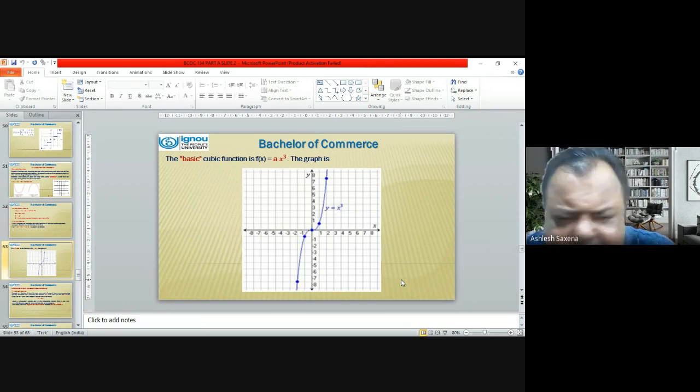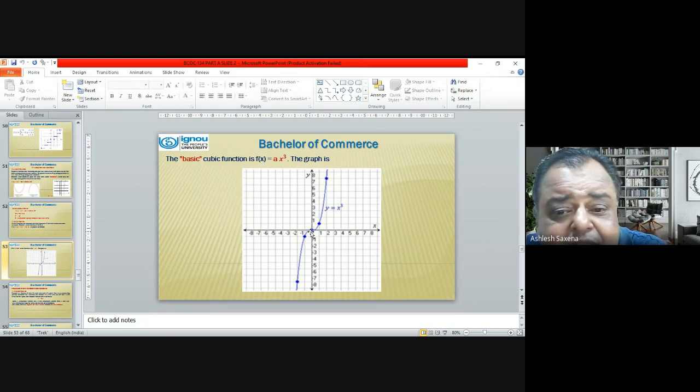If we talk in simple terms, y equals x cubed is a cubic function, so its graph will be something like this. Now the question straight away arises, how come?